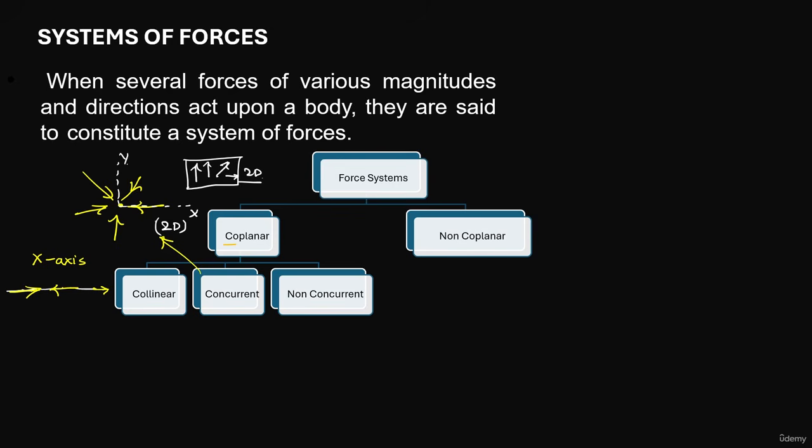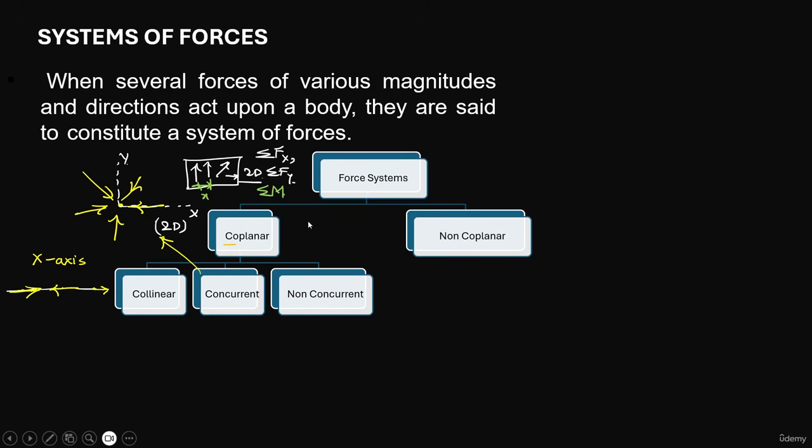But if we are taking non-concurrent forces, we would be taking summation of forces in x and y directions, and since the lines of action of the forces have some distance between them, we need to incorporate one more equation, that is moment of the forces. So this is what we have in the coplanar system of forces.